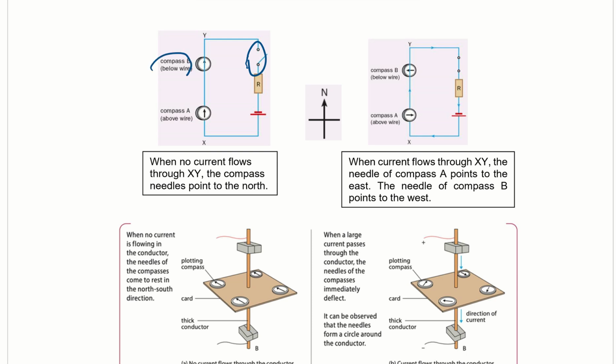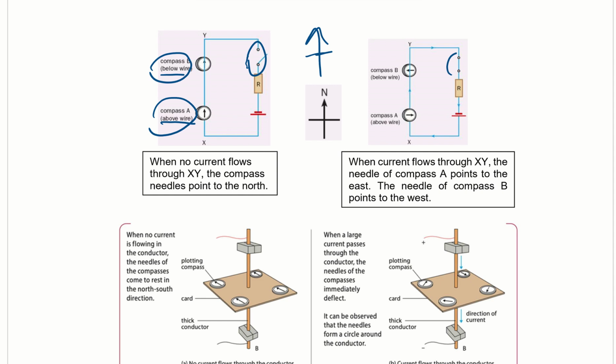We have compass B and compass A. Compass A is above the wire, compass B is below the wire. As you can see from the subtle difference in their drawing, both compasses are pointing to the geographical north.